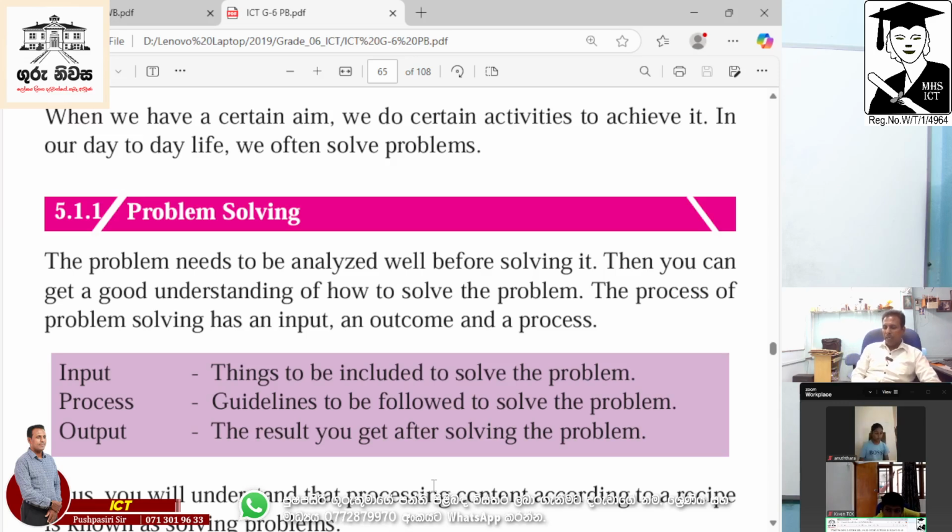මොකද්ද කියන්නේ මේ ඒ ප්‍රශ්නය solve කරන්න ඉස්සෙල්ලා, විසඳන්න ඉස්සෙල්ලා, right, මොකද්ද කරන්න ඕනේ? That has to be analyzed. So what do you mean by analyzed?